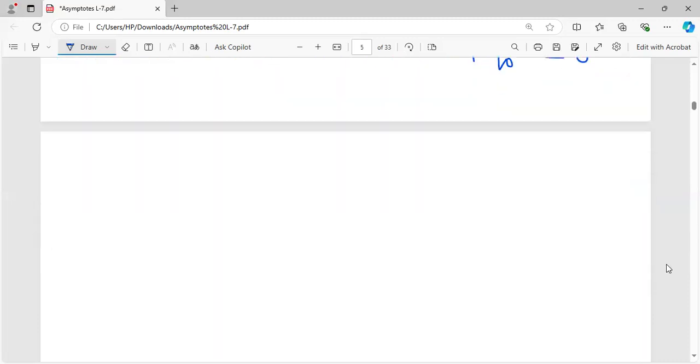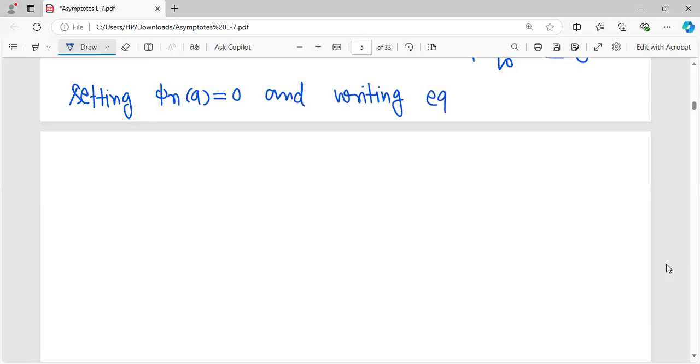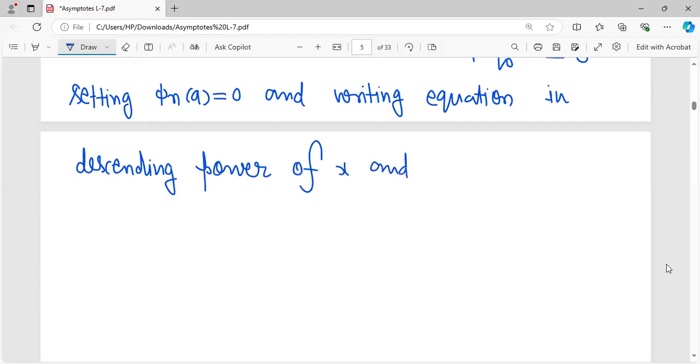Because a is a solution of phi n (a), setting phi n (a) is equal to 0, and writing the equation in descending power of x and dividing by x to the power n minus 1, what do we get?